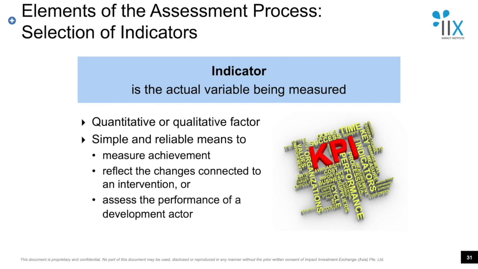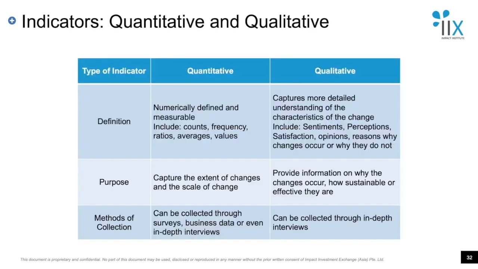For all of these indicators, you need to be able to identify the direct and indirect ways it influences the service of the activity. Now, in terms of qualitative and quantitative indicators, the quantitative one you should obviously be able to measure.